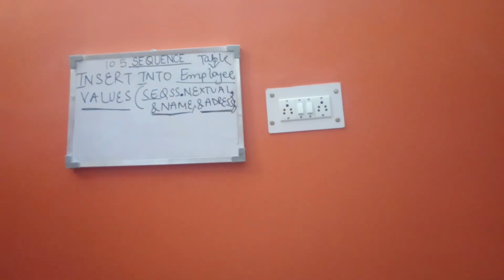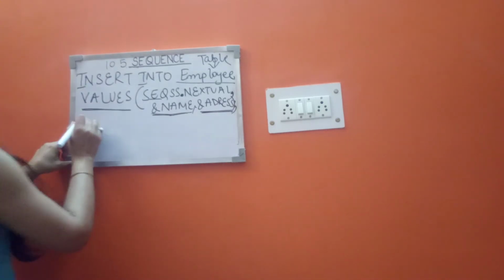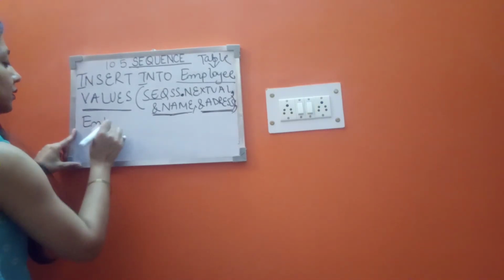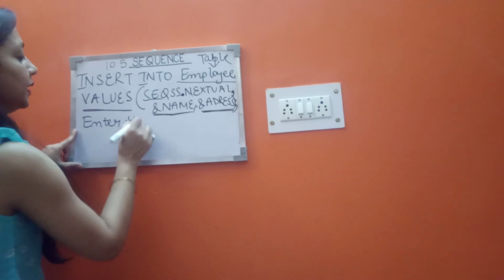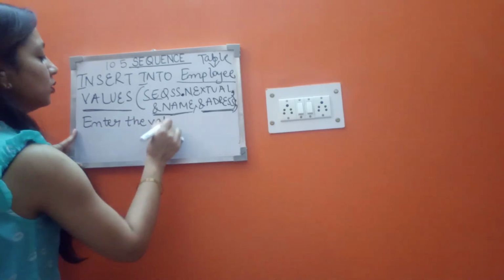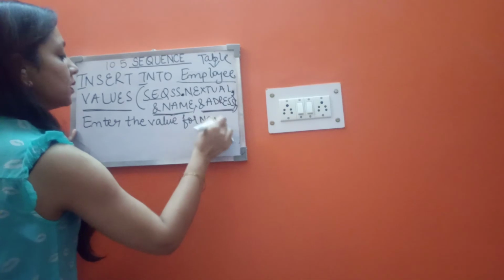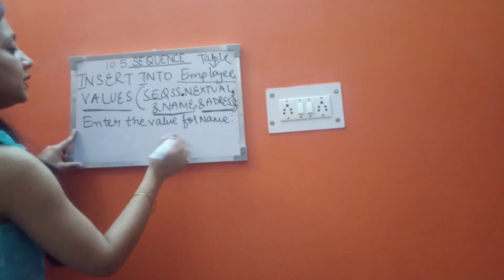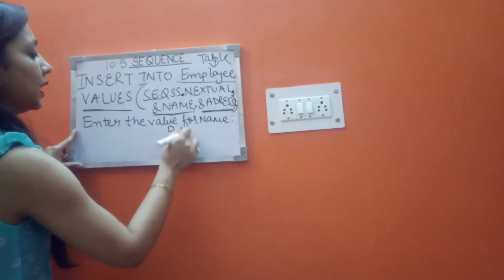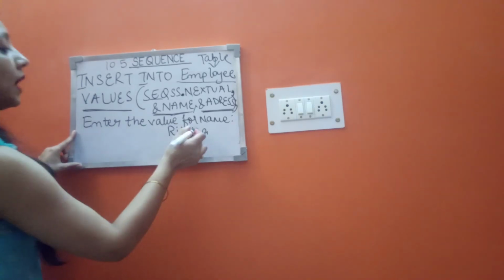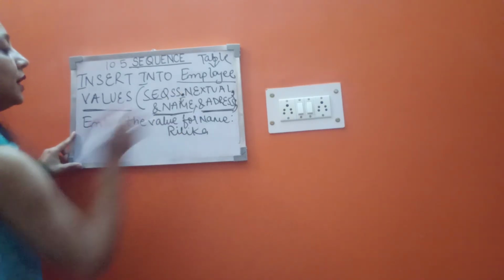So the output of execution of this query would be, it will say enter the value for name. You will write the name Ritika. See, the moment you write Ritika, it stores it into the name variable.